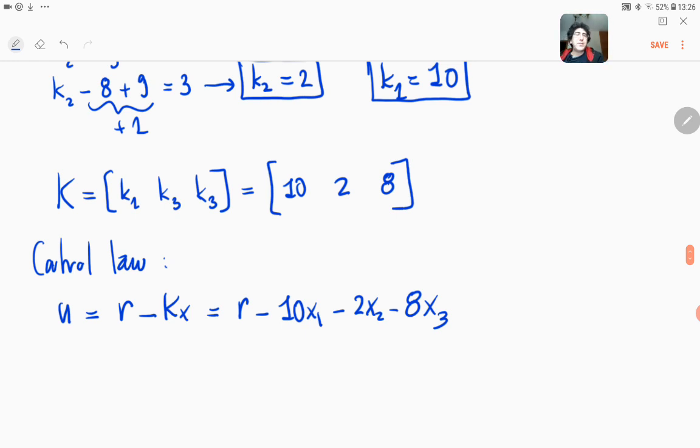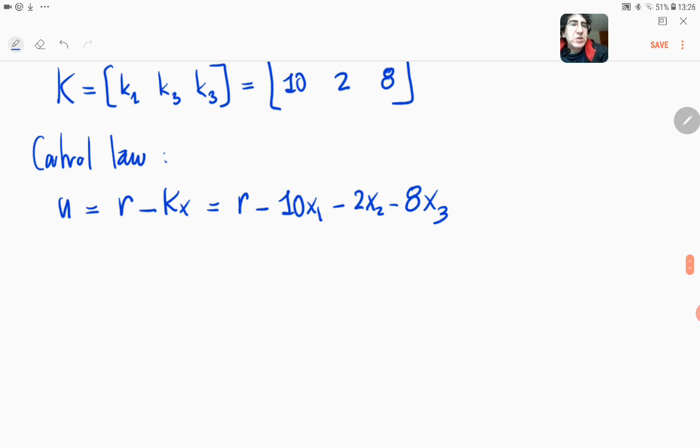Okay, so if you apply to the system a feedback from the states having these coefficients, this will result in a closed loop system with all the closed loop poles located at minus 1.